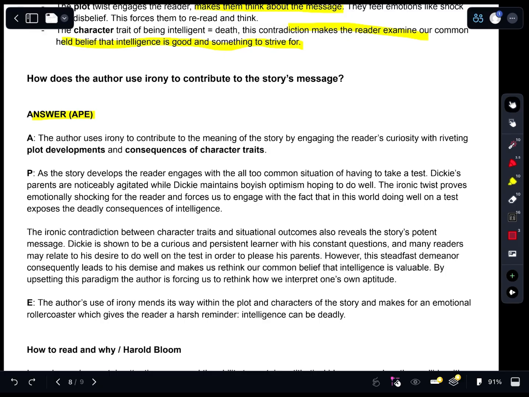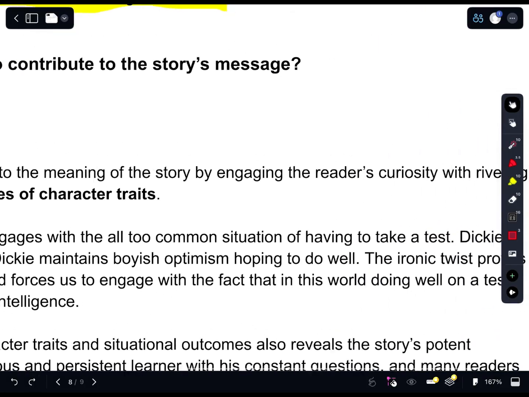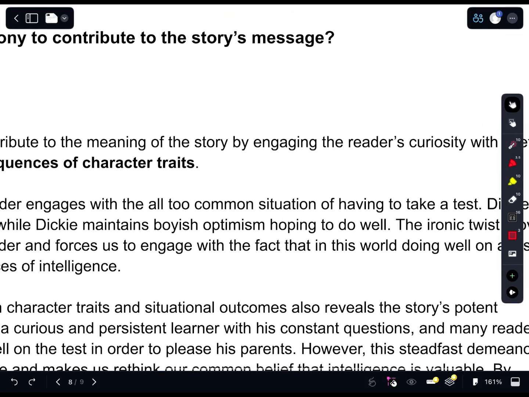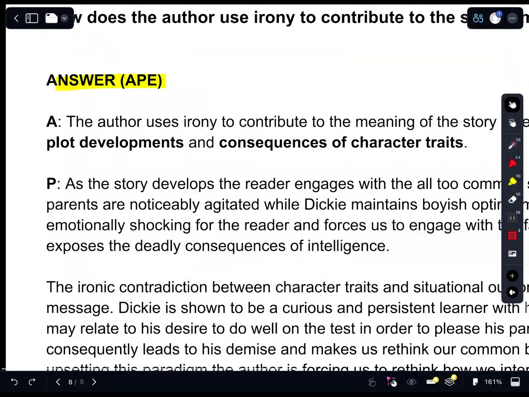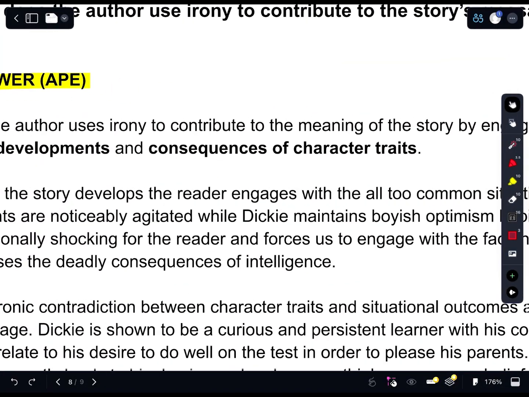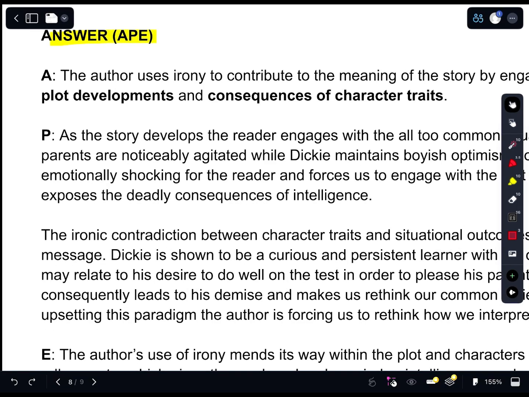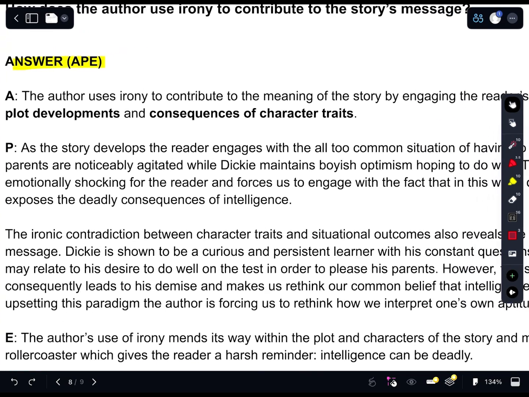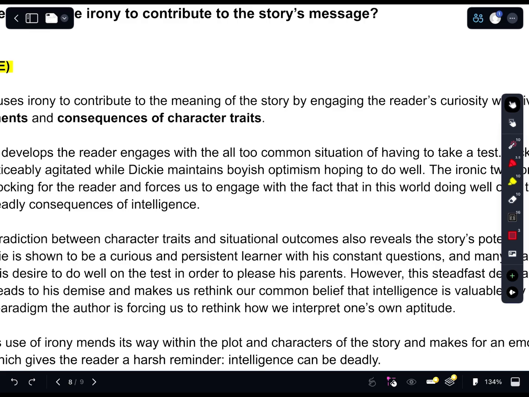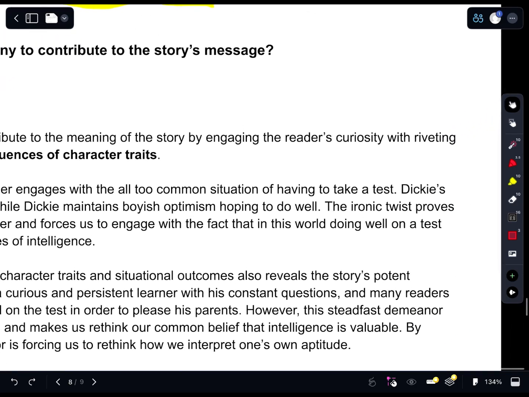Okay. The author uses irony to contribute to the meaning of the story by engaging the reader's curiosity with riveting plot developments and consequences of character traits. So I provide some evidence here. As the story develops, the reader engages with the all too common situation of having to take a test.